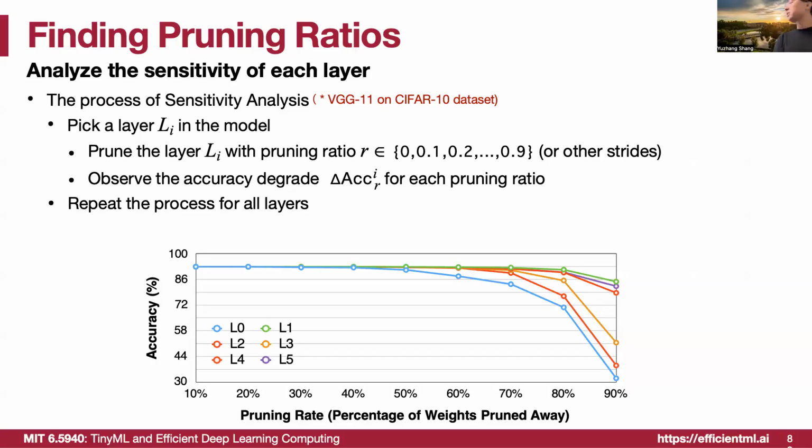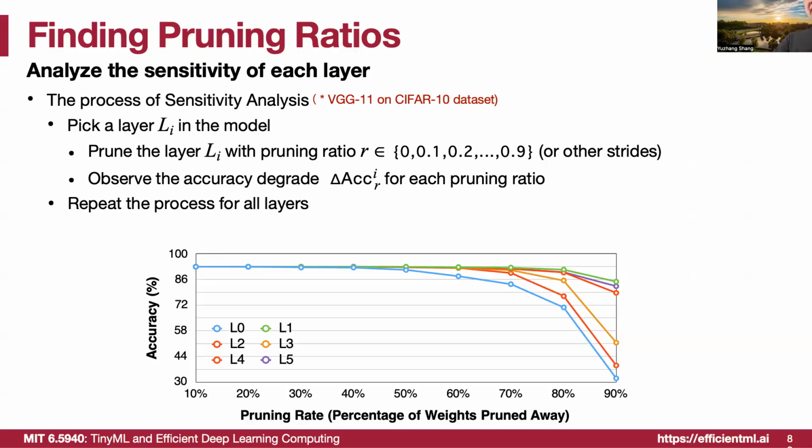We can draw the conclusion that some layers are less sensitive to pruning, like these 3 layers. Even if we prune out 90% of the parameters, they still have good performance, compared with the other 3 layers.